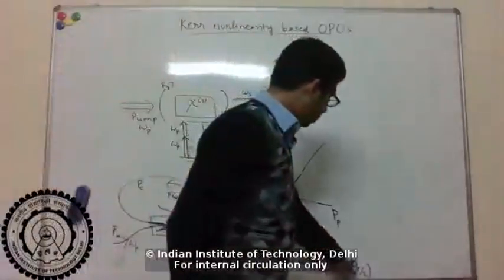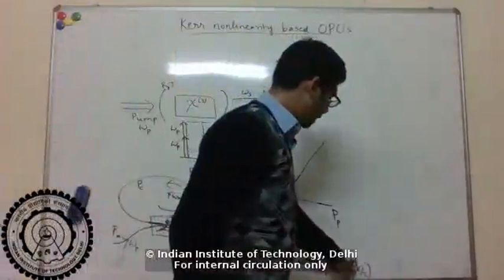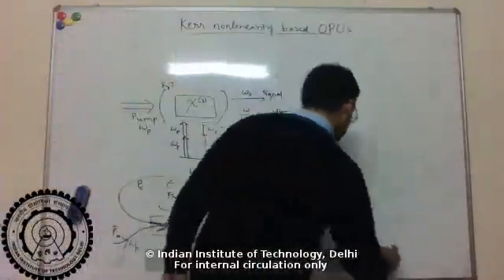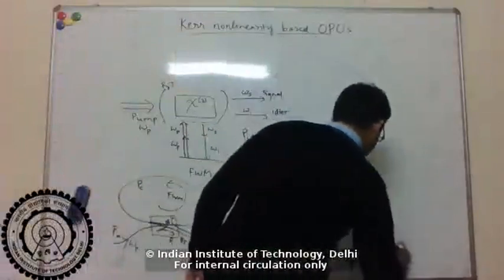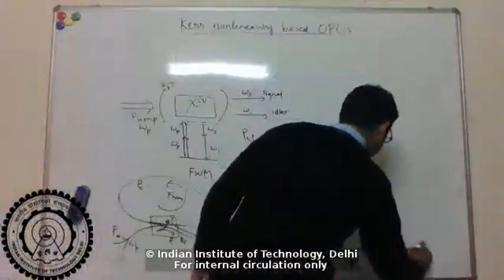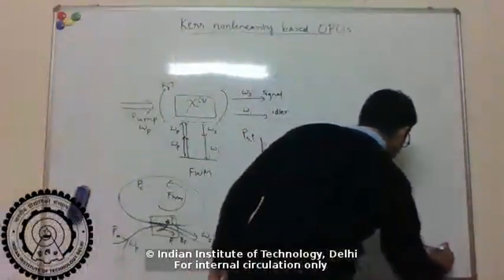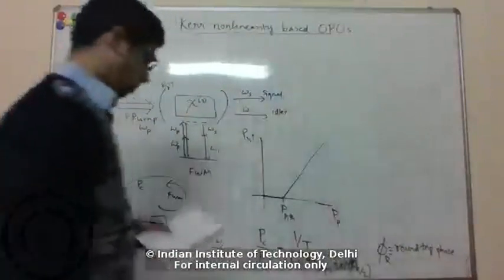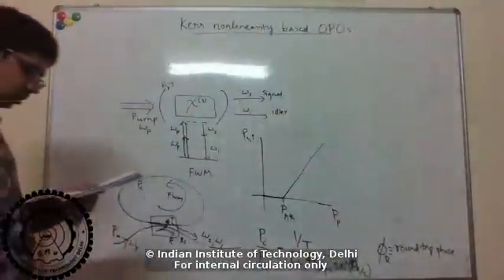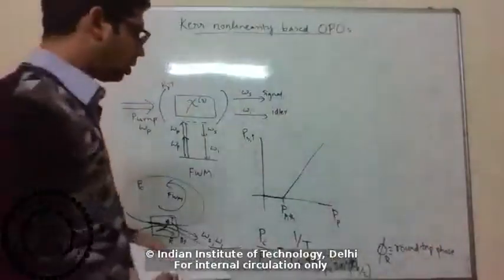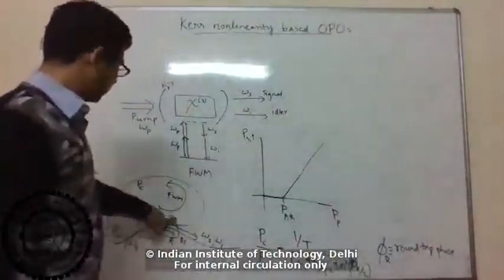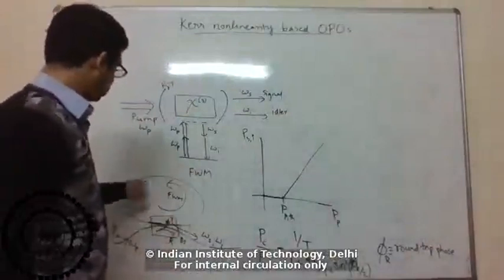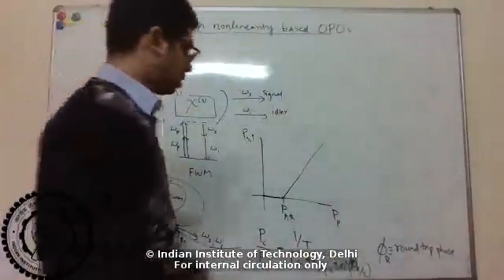So it goes as sine square of this phase phi_R by 2. Here phi_R is the round trip phase, basically the phase acquired by the field in one round trip of the cavity.